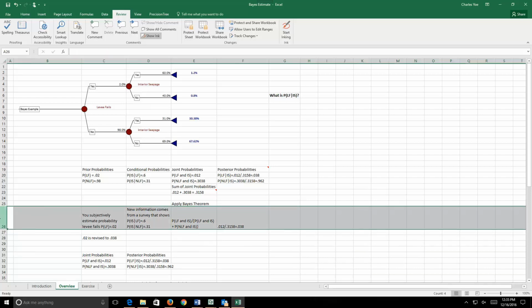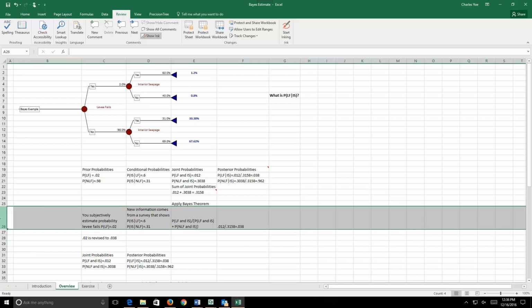And we do that with the formula that you see in the cell there. This is the probability of levee failure and interior seepage. So this is a joint probability, and it is divided by the probability of levee failure and interior seepage plus the probability of no levee failure and interior seepage.